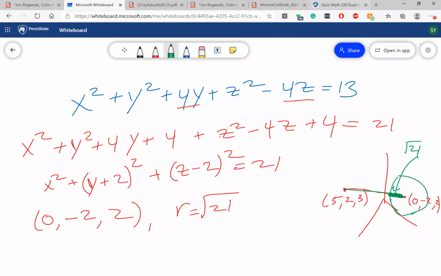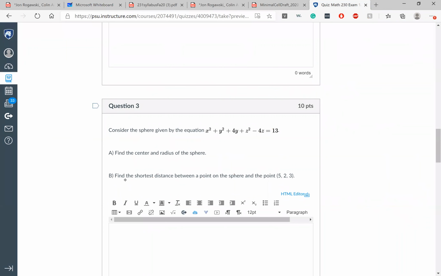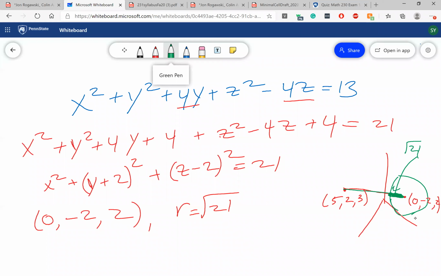So we just need to subtract this distance, the square root of 21, from the entire distance, and we're done. Did they want a specific point? Let me see. No, they want the shortest distance. So that would be the shortest distance. So let's find the distance between this point and this point. It's the same as finding the magnitude of the vector between them.